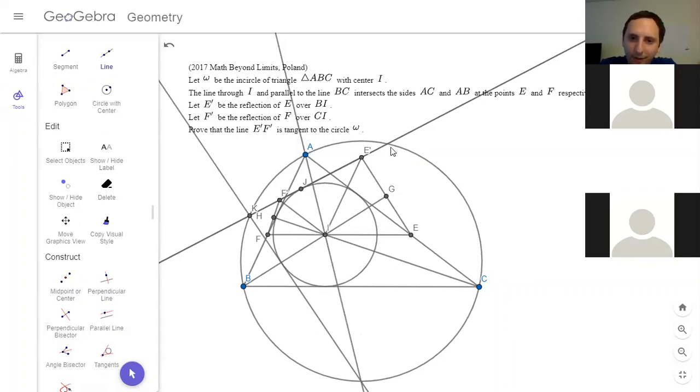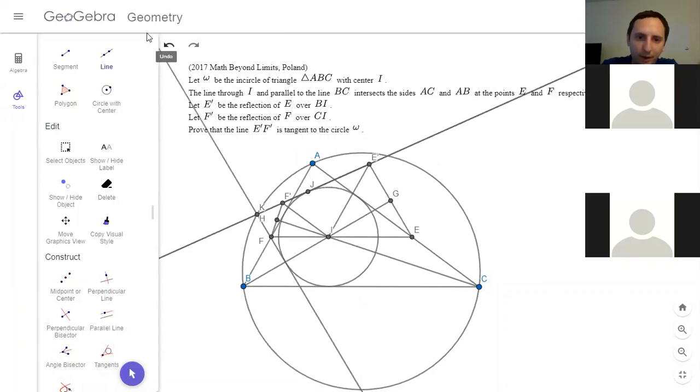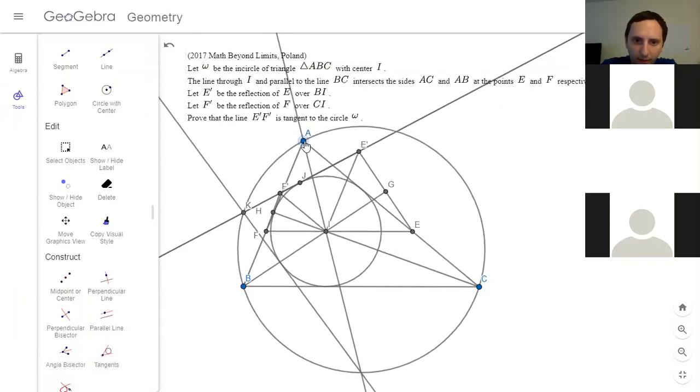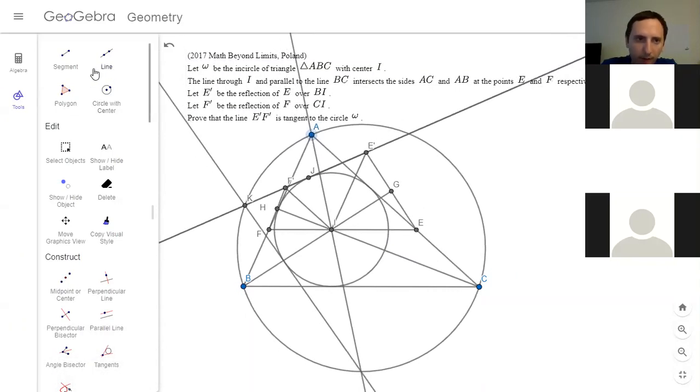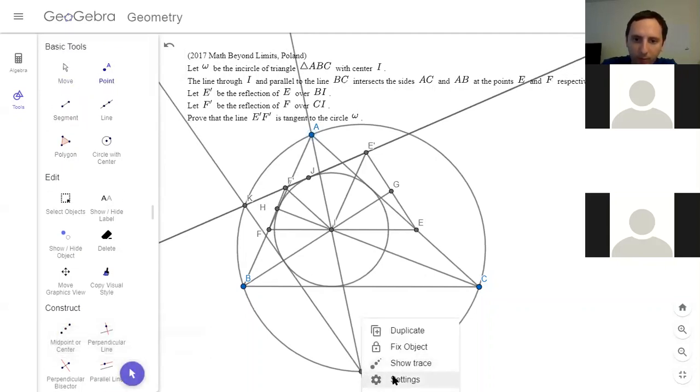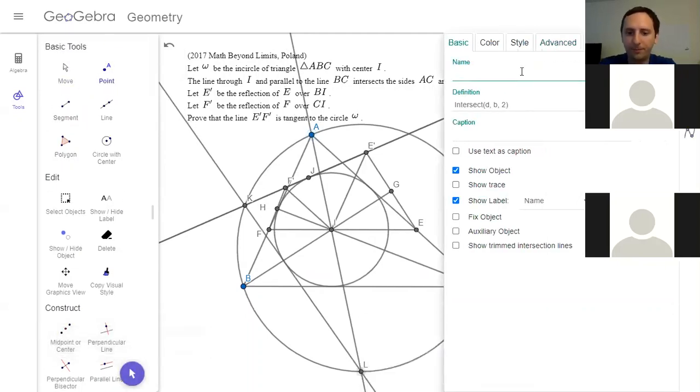So yeah, it looks like this reminds me a lot of a problem from the Peru team selection test, where you take the midpoint of arc BC and you use Poncelet's porism. So I'm going to try that. So basically, if we let M be the midpoint of arc BC, it looks like E'F' and MK meet on the circle, and then we could use Poncelet's porism. I'm just going to call it M.